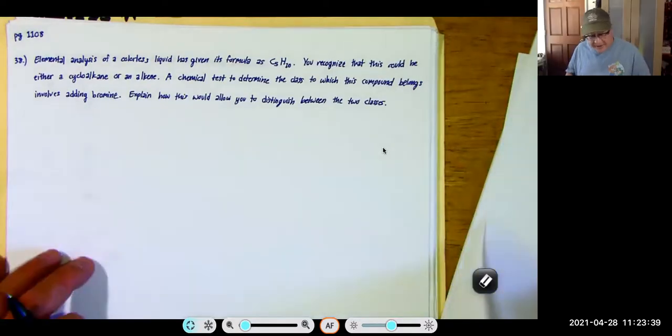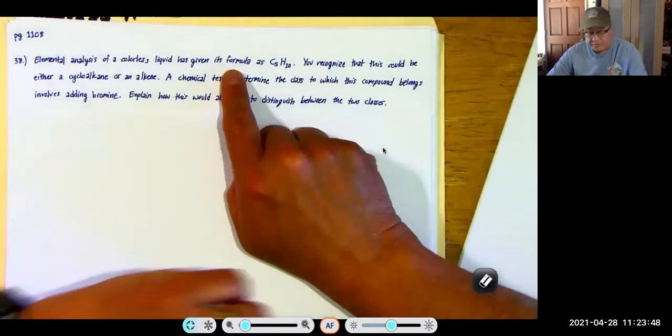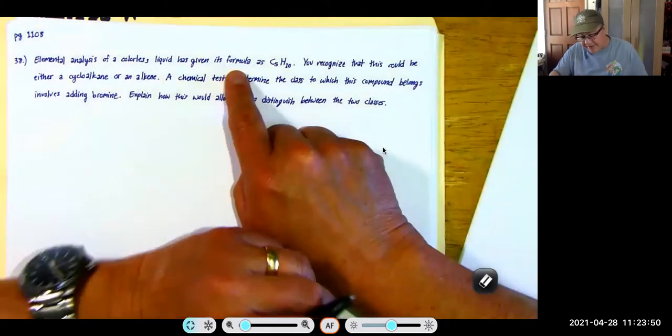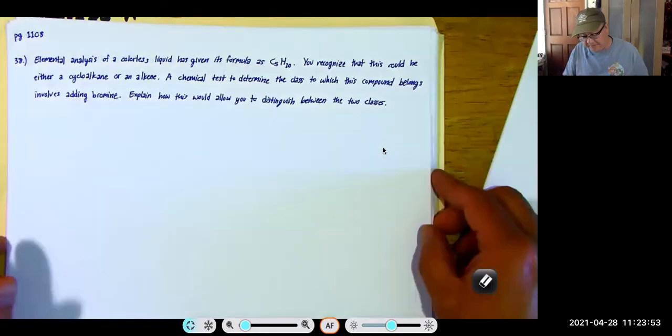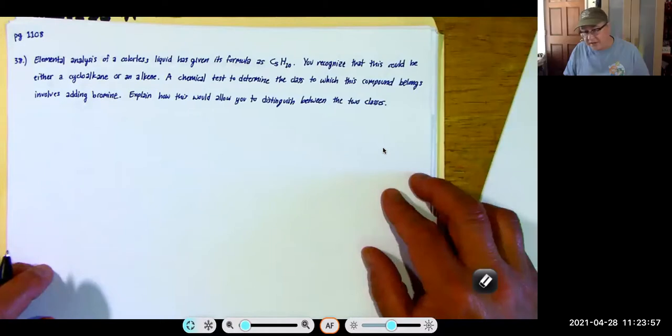Elemental analysis of a colorless liquid has given its formula as C5H10. Now, they don't say if it's a molecular formula or empirical formula, but if you had to guess, is this molecular or empirical? Molecular? Why are you guessing that it's molecular?